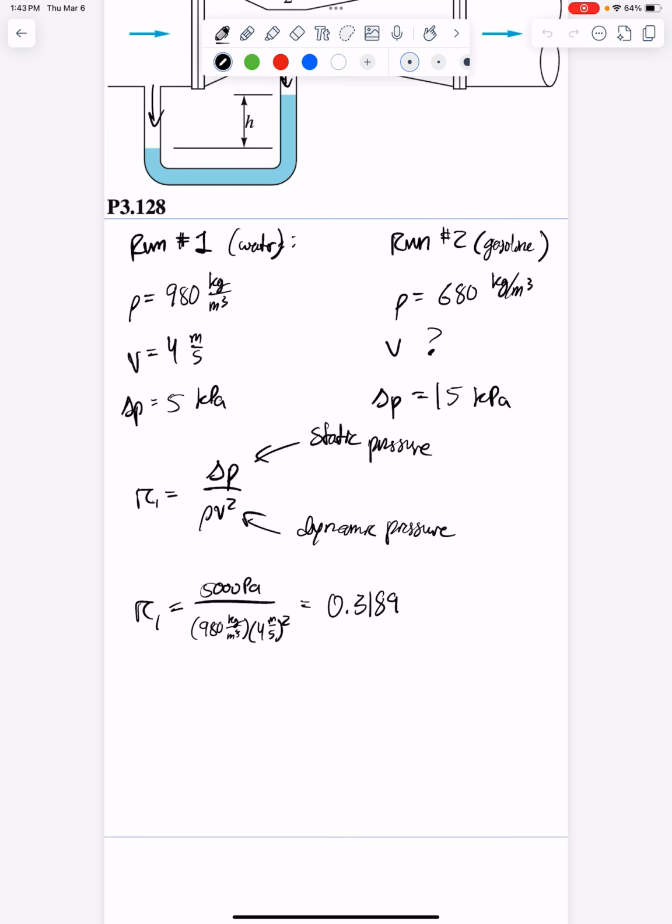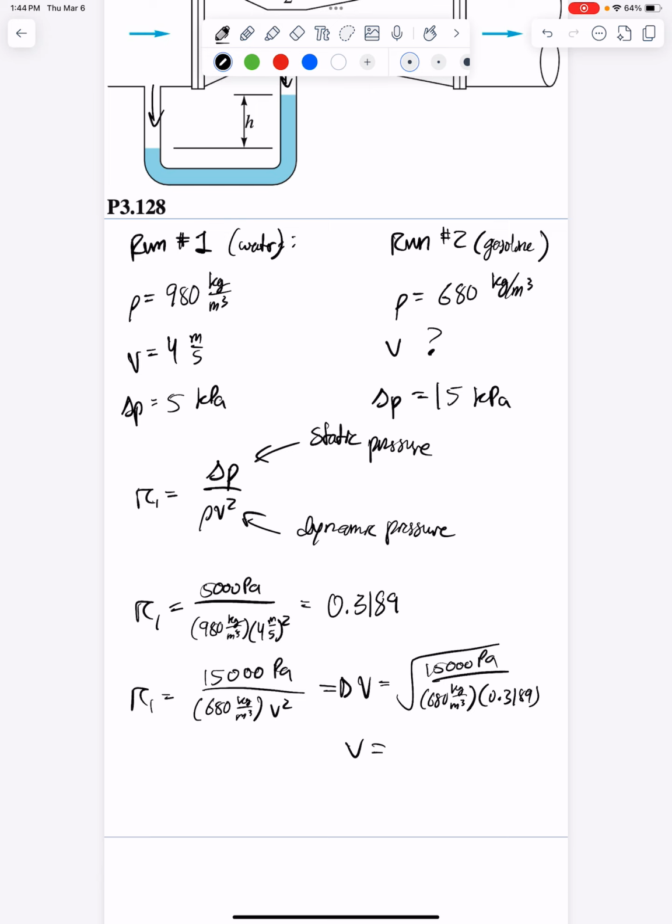Okay, but now, given that pi 1 is equal to this value, let's plug in these values. Pressure difference of 15,000 pascals divided by density of 680 kilograms per cubic meter times v squared equal to pi group 1. Therefore, v is equal to the square root of 15k pascals divided by 680 kilograms per cubic meter times pi 1, which is 0.3189.